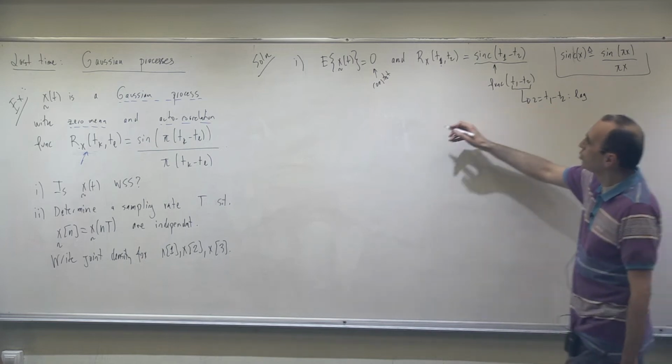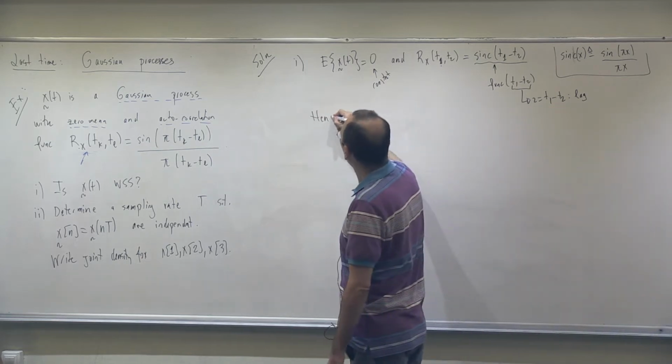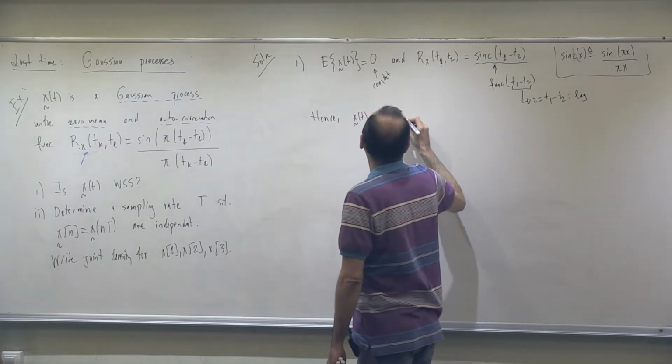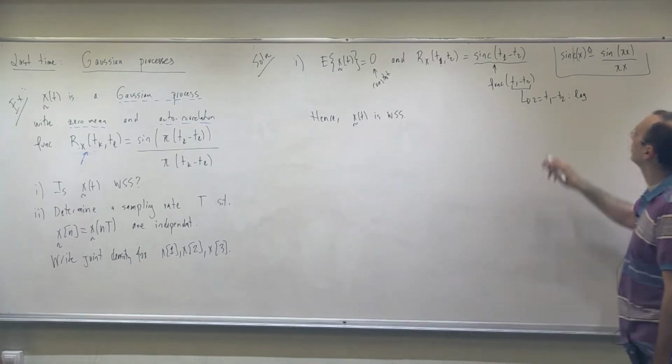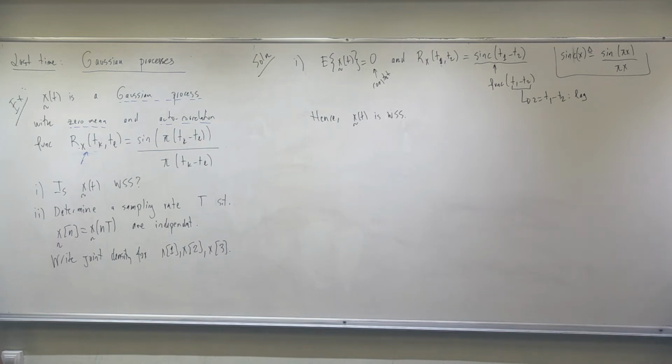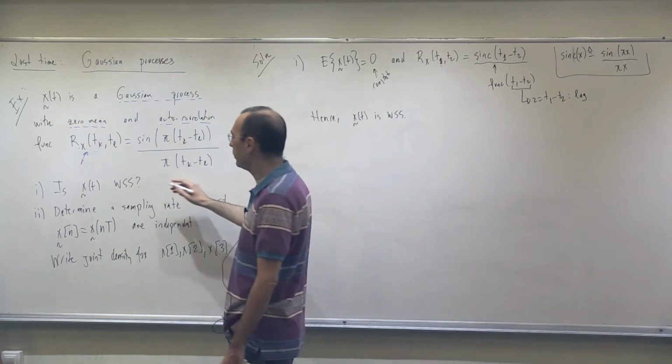So what's our conclusion? Hence x of t is white and stationary, because it satisfies the conditions: the mean being constant, and the autocorrelation being a function of only the lag variable, the time difference between those two samples. We are done with this.